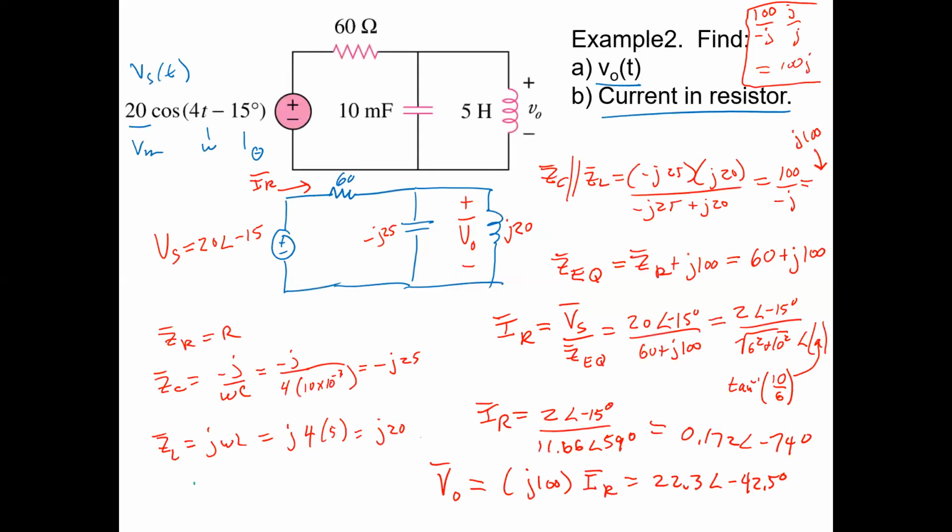Your VO of t is going to equal 22.3 cosine of 4t minus 42.5 degrees volts, and your IR of t is going to equal 0.172 cosine of 4t minus 74 degrees.